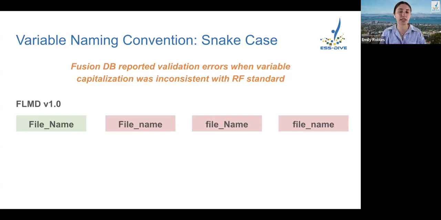For example, file name, which is a required field in the FLMD file, the reporting format says it needs to be capital F file underscore capital N name. If datasets were copy and pasted or typed in, there were inconsistencies with the capitalization that caused the Fusion database to throw errors, even if there were small inconsistencies.